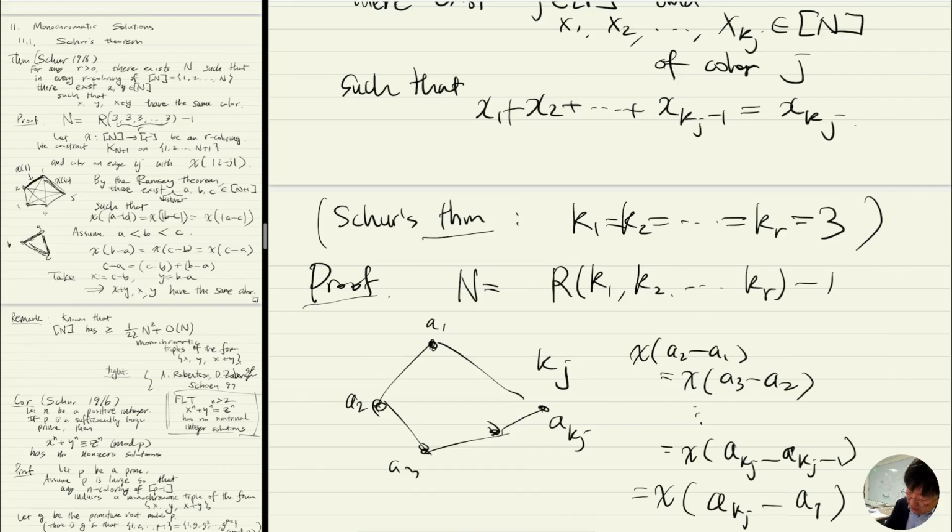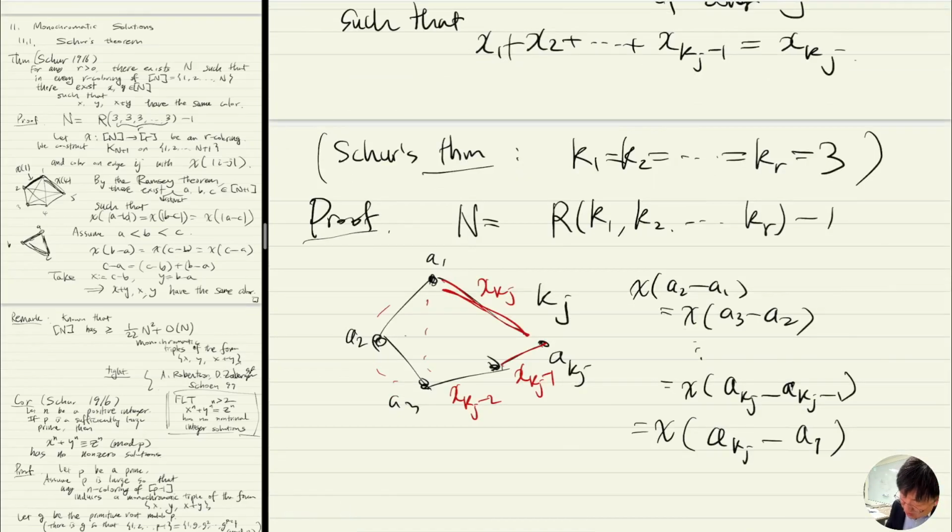So you can take these to be x_kj and x_(kj minus 1), x_(kj minus 2), etc.